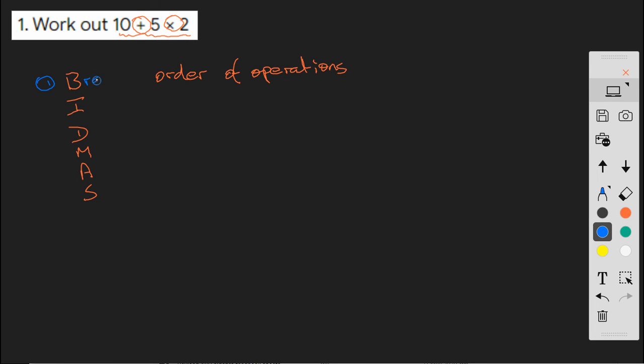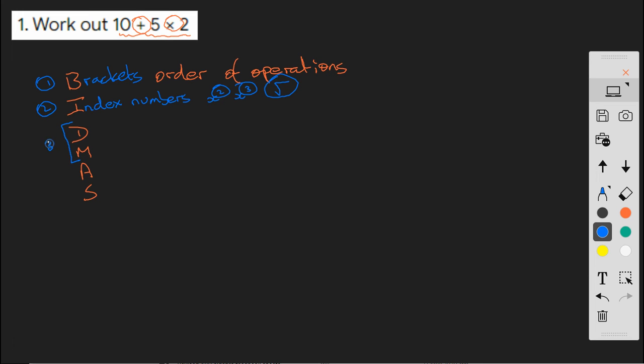First thing we do is deal with brackets. Next thing is index numbers. So that's things like x squared, x cubed. These are our index numbers here, and let's just remember that a square root is also an index number.